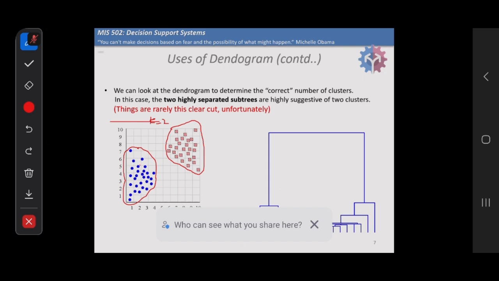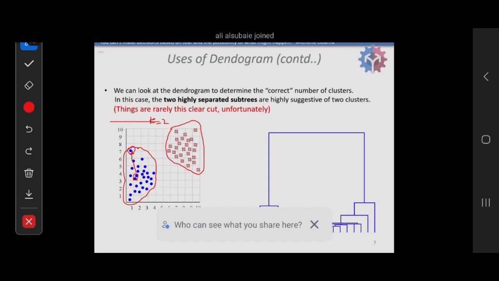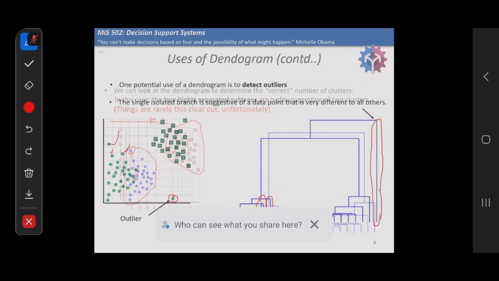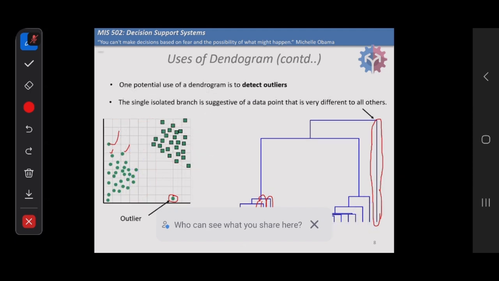Within the cluster, do you think these two points versus this point, compared to this, what do you see? Yes, this point is far, right? But it is a very nice representation of how each point is related within your data set.